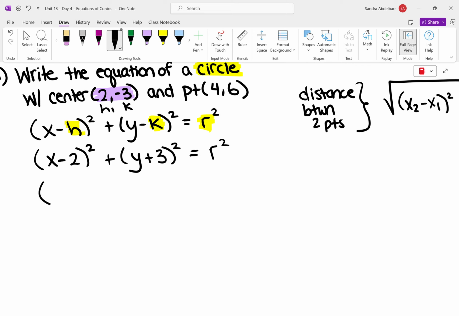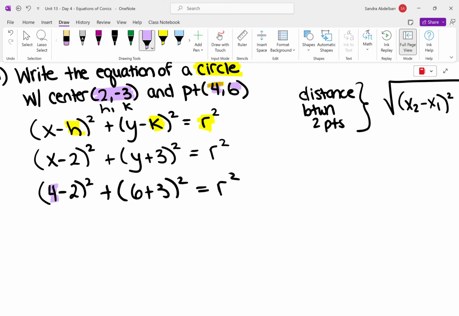So here we're going to have 4 minus 2 squared plus 6 plus 3 squared equals r squared. All I did was sub in 4 for x and 6 for y.